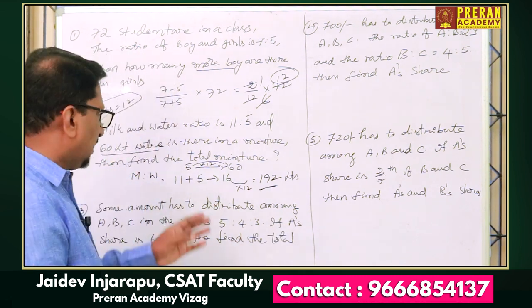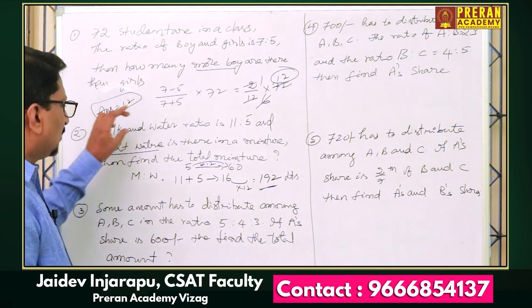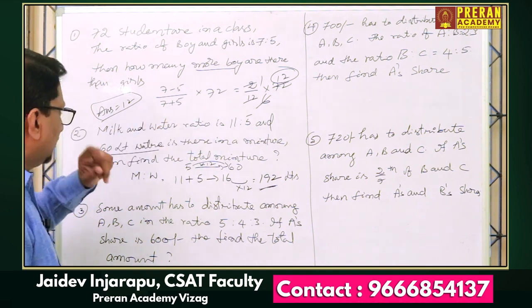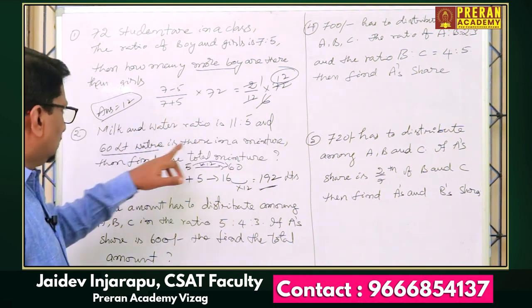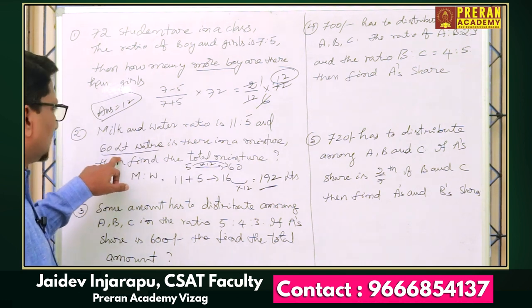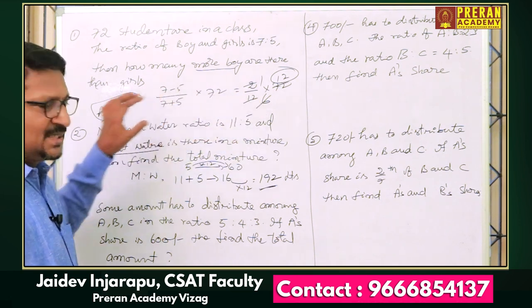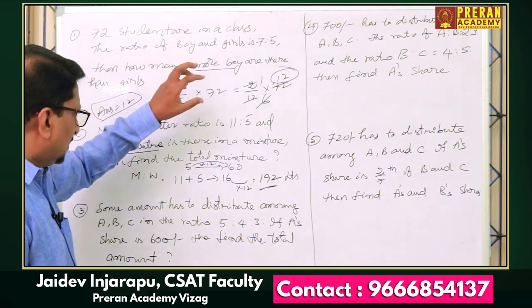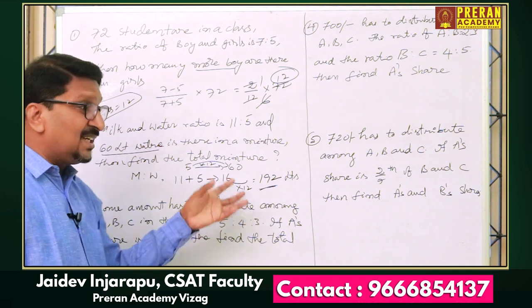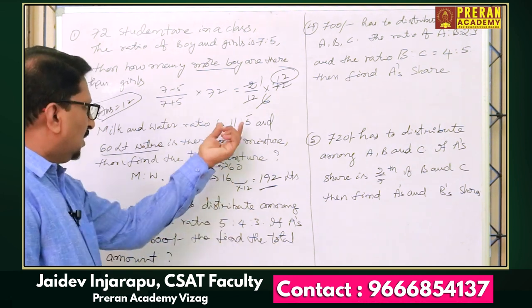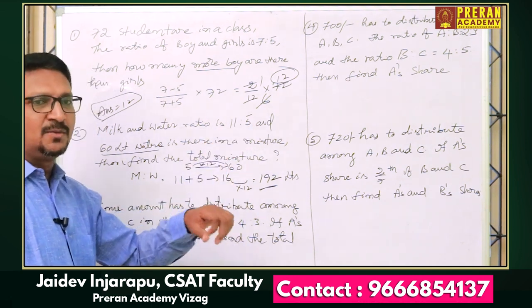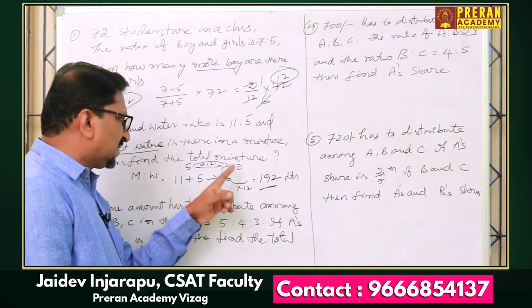Got it? I am repeating once again. Milk and water's ratio is 11:5. He has given water quantity in the mixture is 60 liters. So this 5 parts is 60. We need to calculate the total number of mixture. That means 11 plus 5, 16 parts we have to calculate. 5 parts is 60.